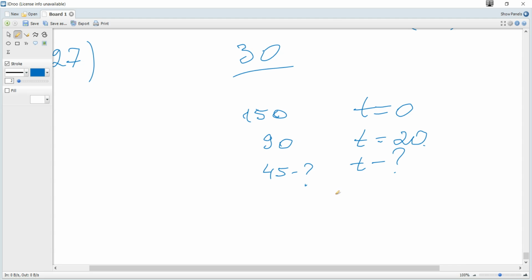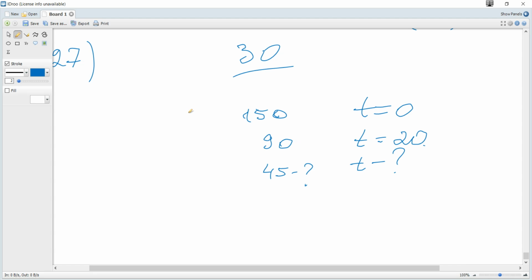So background is 30. What is the time at which the student measures the count rate of 45? Yes, so we should understand that we should consider the corrected count rate.